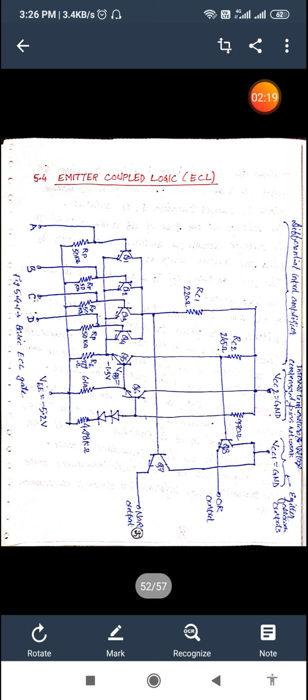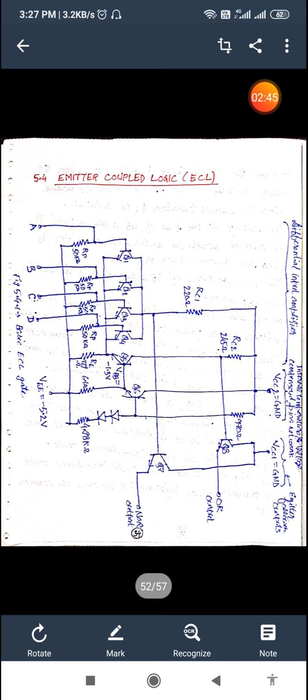The circuit consists of a differential amplifier, a temperature and voltage compensated bias network, and an emitter follower output. The internal temperature and voltage compensated bias circuit supplies a reference voltage to the differential amplifier.